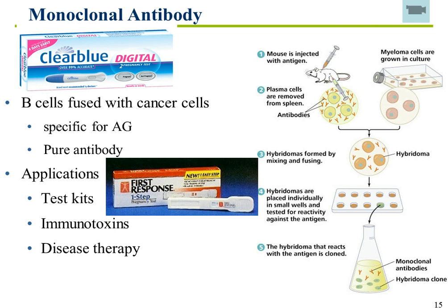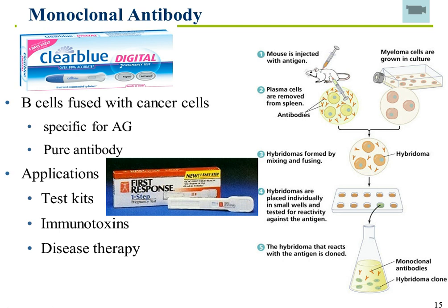Okay, so how do you make them? Let's say you want to make a monoclonal antibody against hepatitis B protein in the capsid structure of the virus. You take that antigen, you inject it into a mouse. You see that on the picture here.